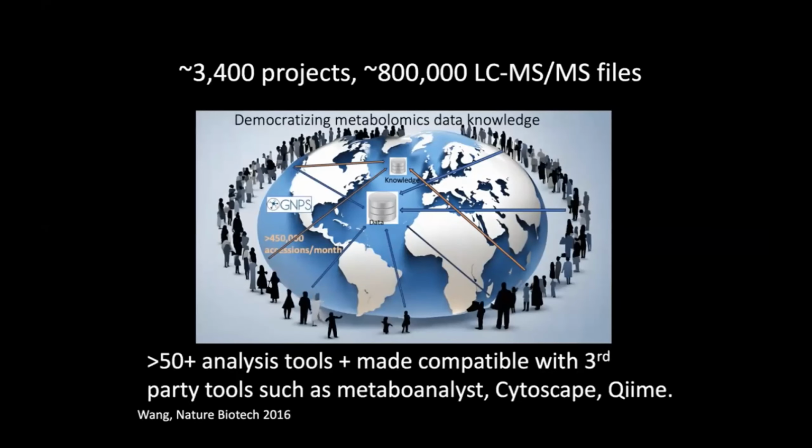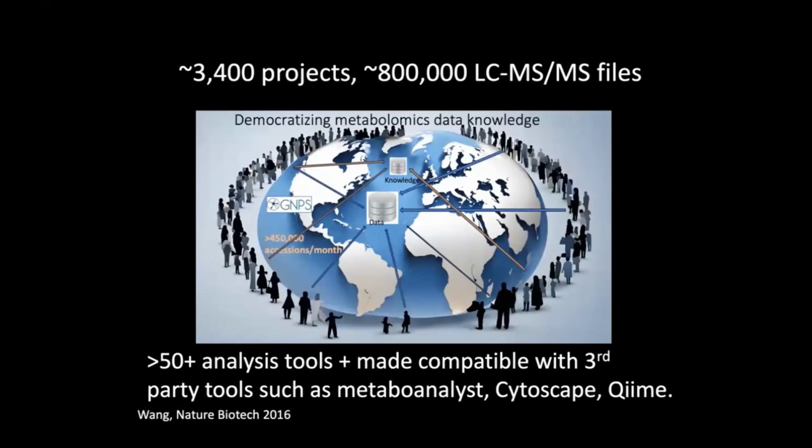One of the things that we did within this ecosystem is we harmonized all this data, because there are about 30 to 40 different vendor formats of data in mass spectrometry. And so we decided, if you want to make linkages at the data level between one data set and another and learn from each other, you need to have it in a format so that you can build these connections. This afforded us to build, at this point, 50 different analysis tools by the community.